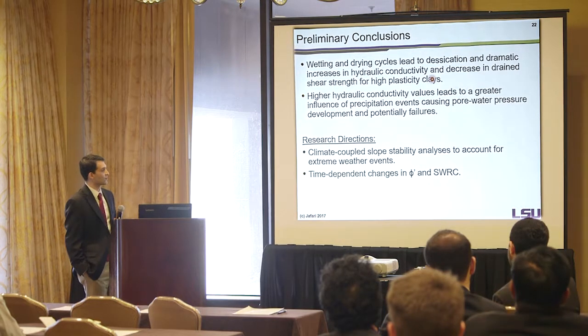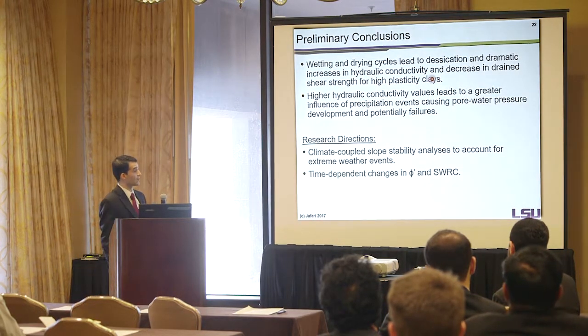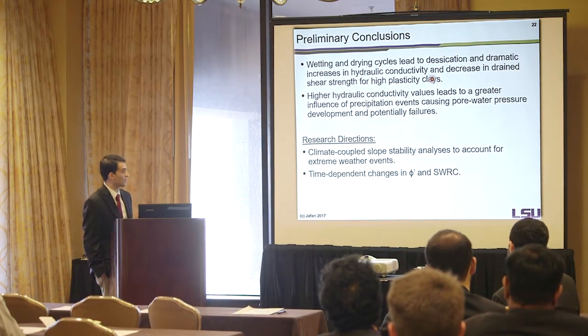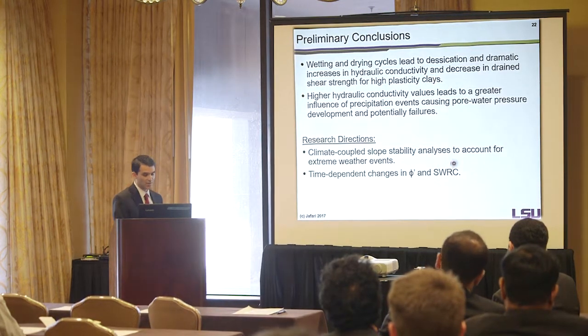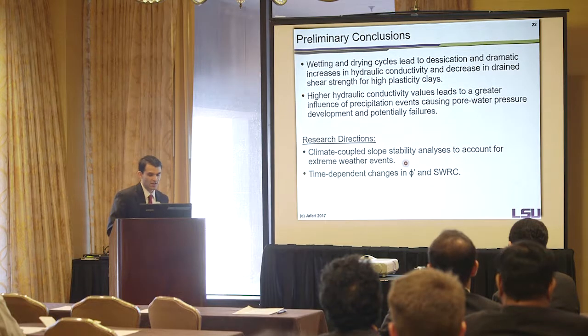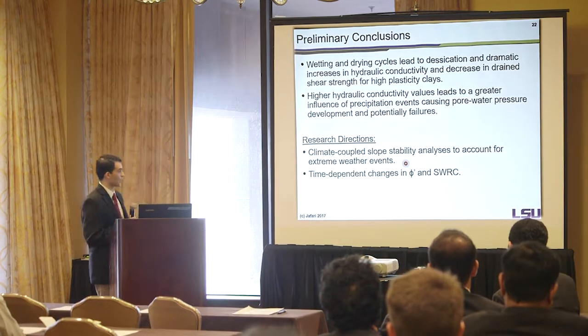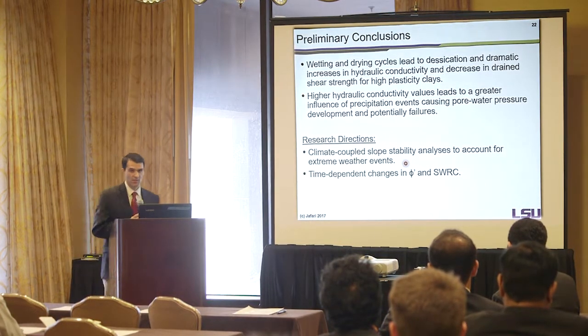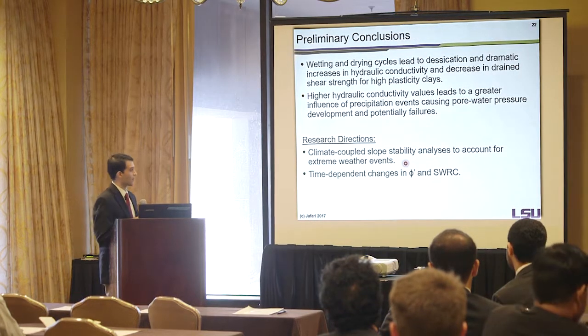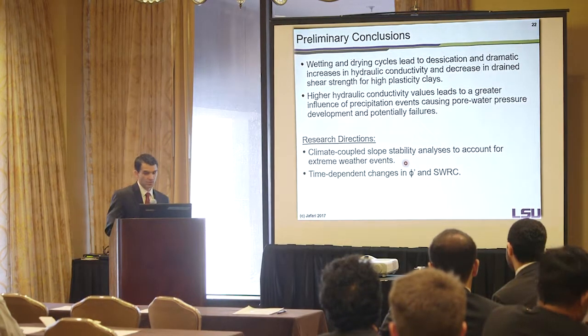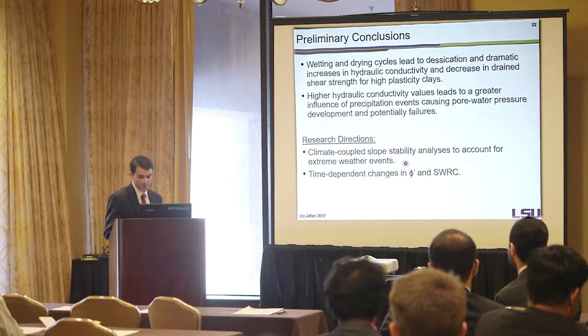So the research directions are moving towards understanding the time-dependent behaviors in the drained shear strength and the soil water retention curve, and then taking that information, coupling it with slope stability analyses that incorporate extreme weather events to actually predict slope failures. And this would then help develop a framework for when a failure will occur due to an extreme event. And also we can start looking into rehabilitation based on field sites.